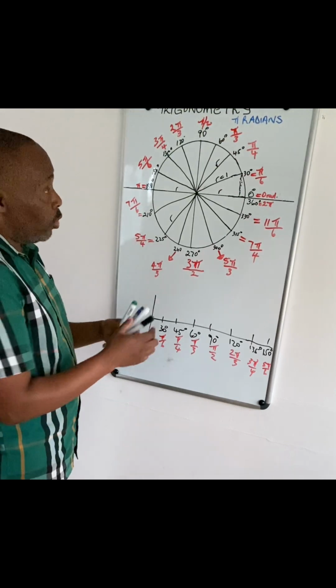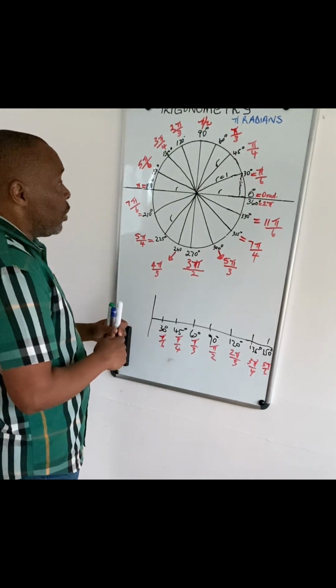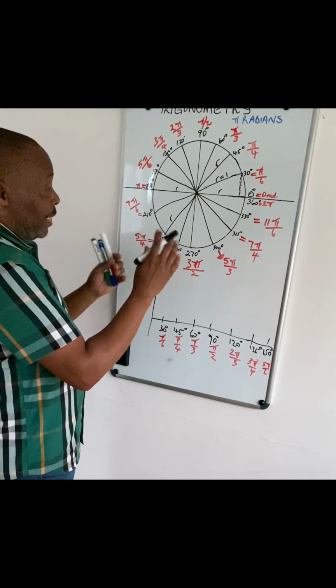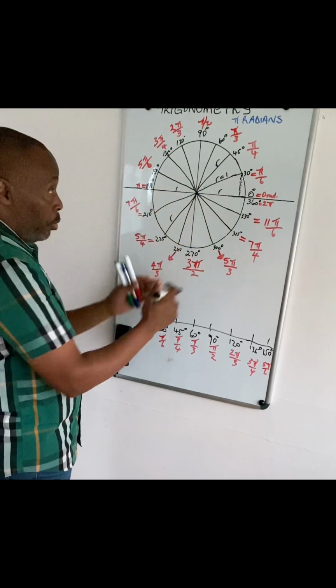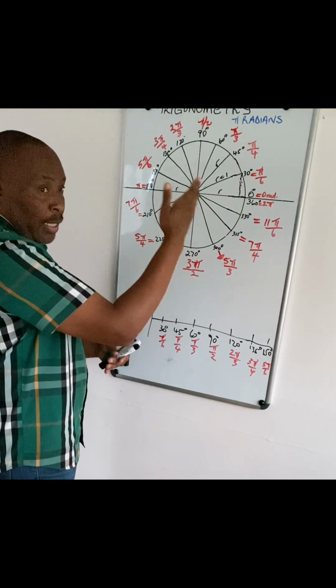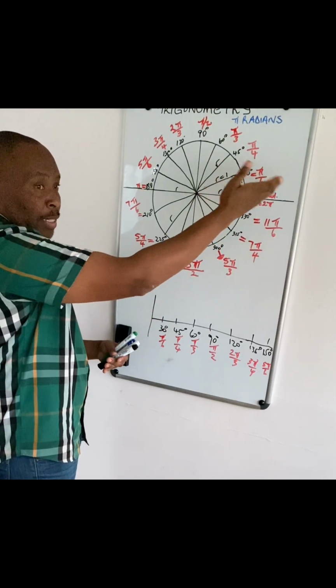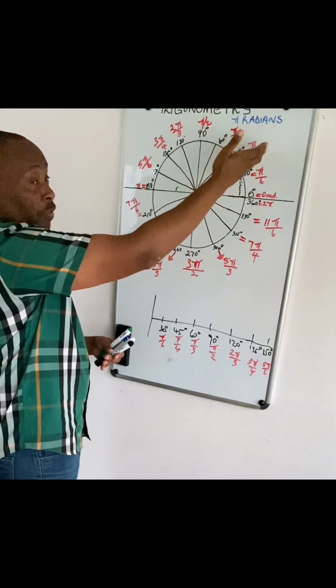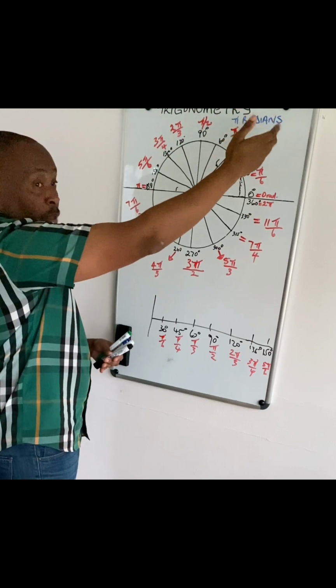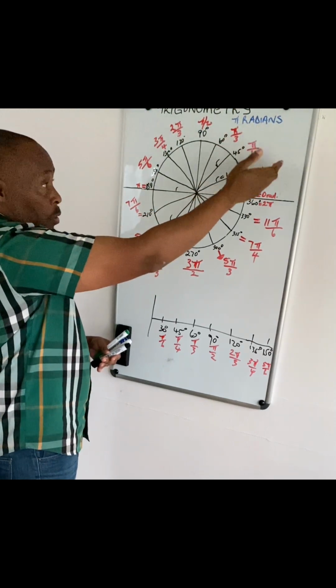What I want you to notice here is that these angles are equal, though they may differ in signs. We've done the special angles, the values for x and y. For 45 degrees, it's root 2 over 2 for the x value and root 2 over 2 for the y value.